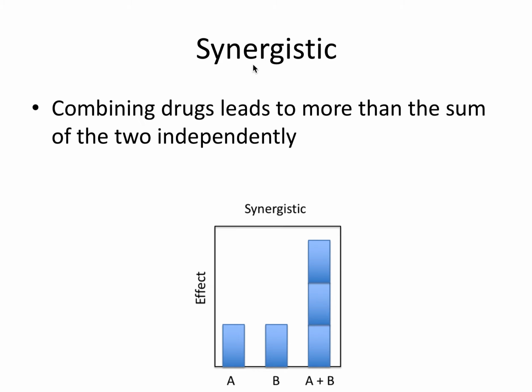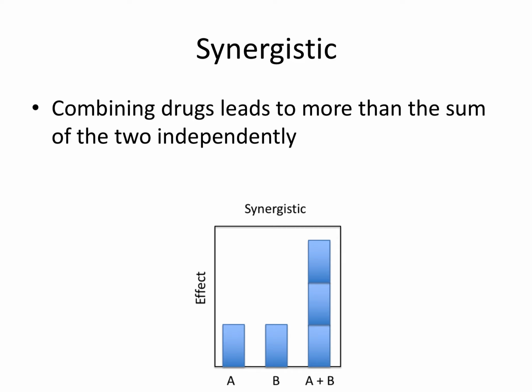And lastly, we have a synergistic drug combination. And this is where combining drug A and B leads to more than the sum of the two independently. So this is A, this is B, and now both A and B together is not only the sum of the two, but we're getting an additional response. So it's basically a super version of additive.